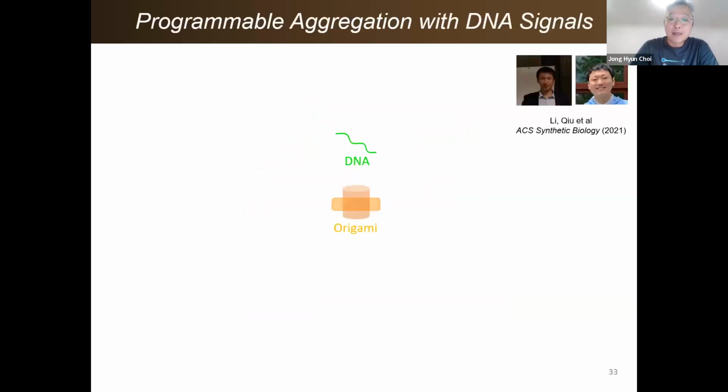vesicles. To do that, what we had to develop was an information transfer or communication, a signaling mechanism between vesicles. So what we did was we constructed DNA origami as a membrane pore, and then we are going to use this DNA as a signaler.